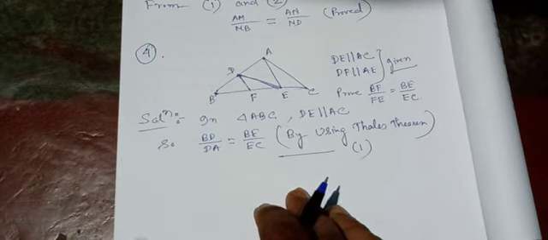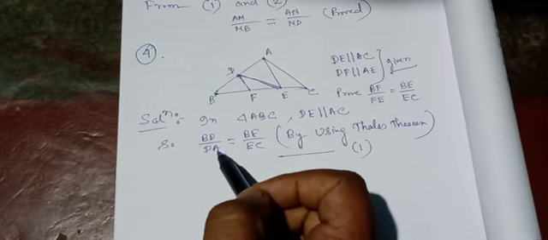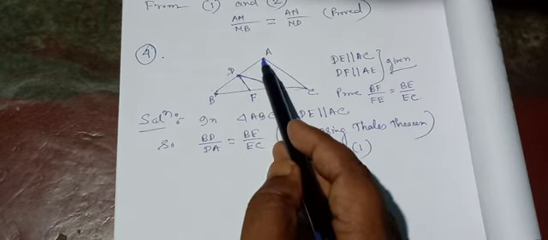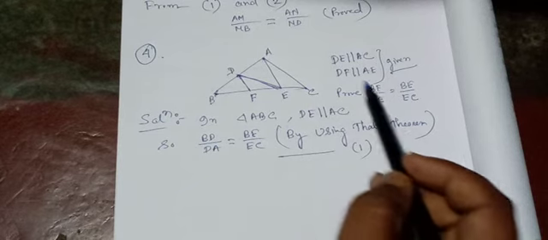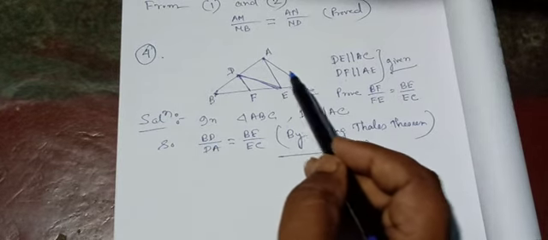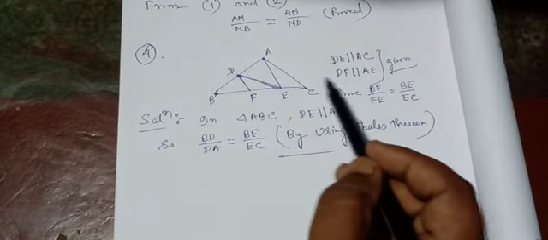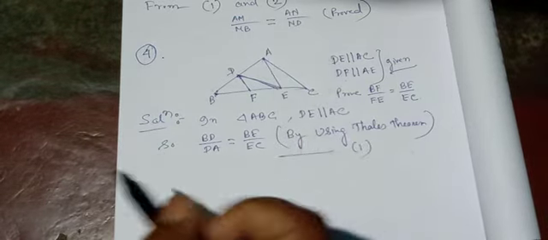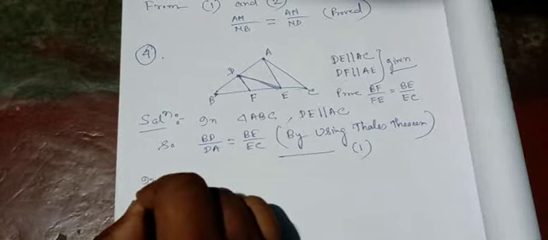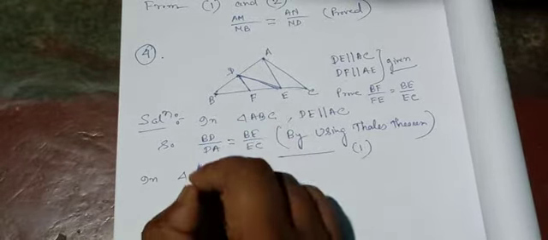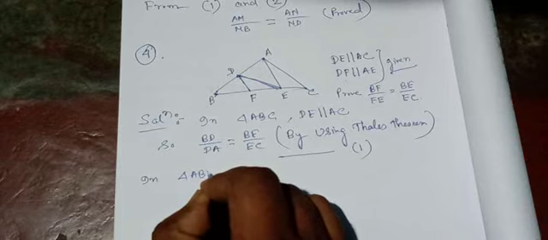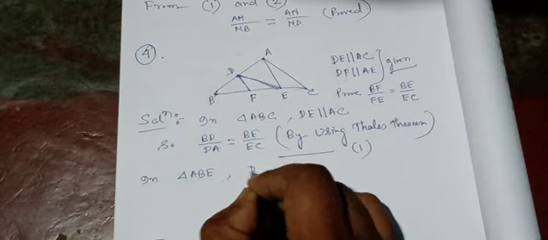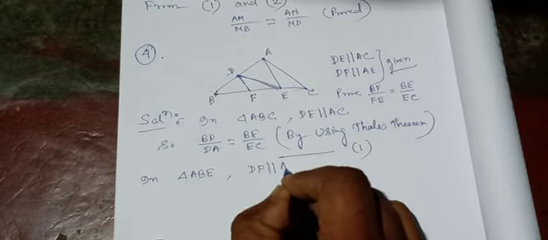Next, considering the triangle ABE, it is given that DF is parallel to AE.